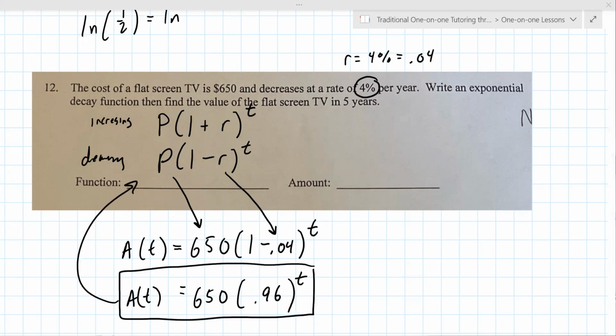So now I want you to go to Desmos and type this in, but use 5 for the power of T. Okay.